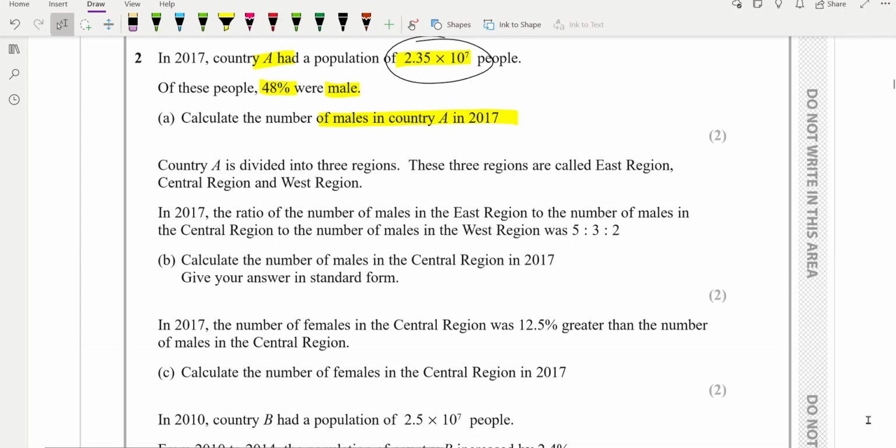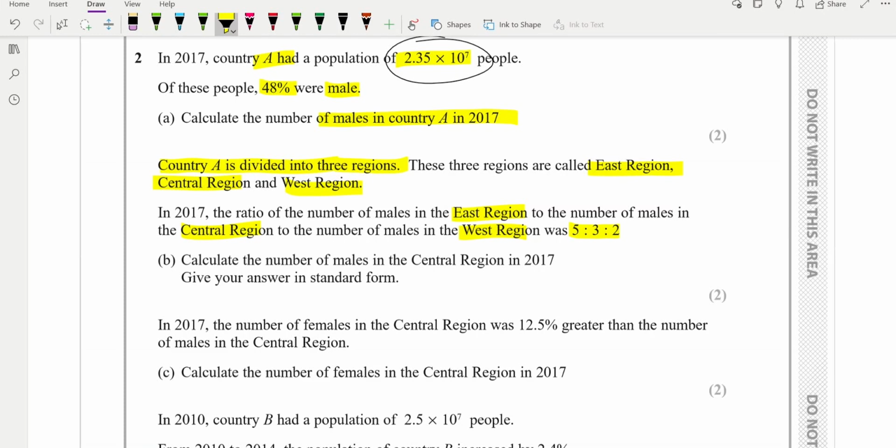Country A is divided into 3 regions. These 3 regions are called East region, Central region, and West region. In 2017, the ratio of the number of males in East region to the number of males in Central region to the number of males in Western region is this one.